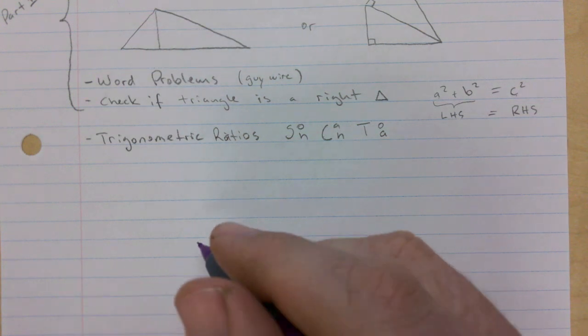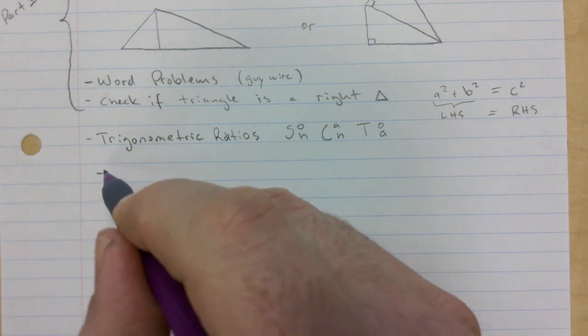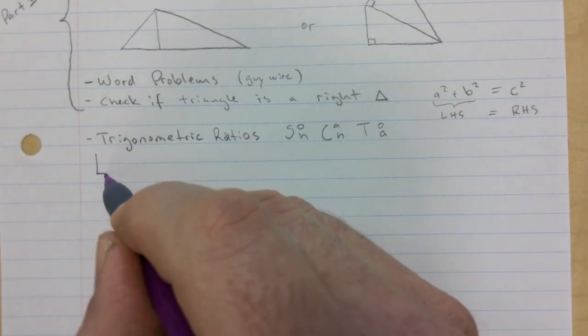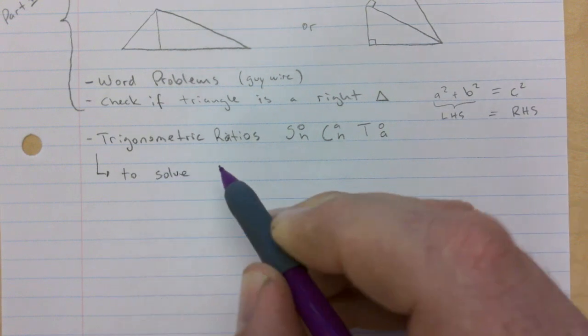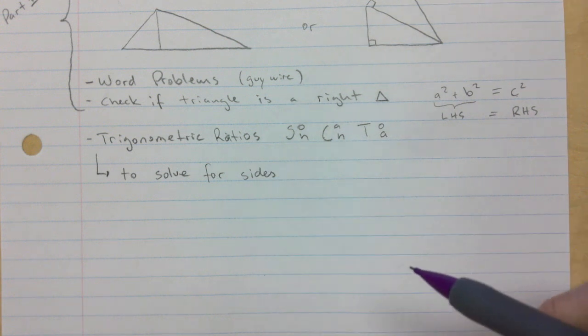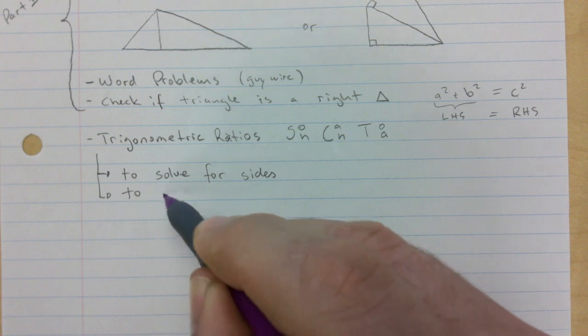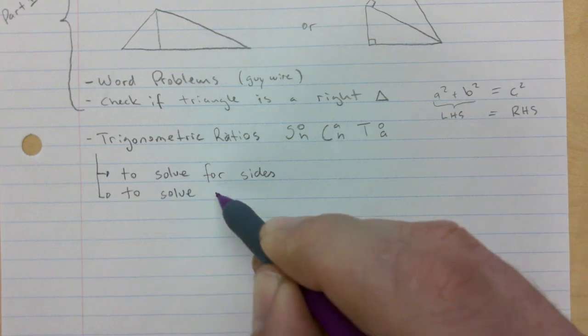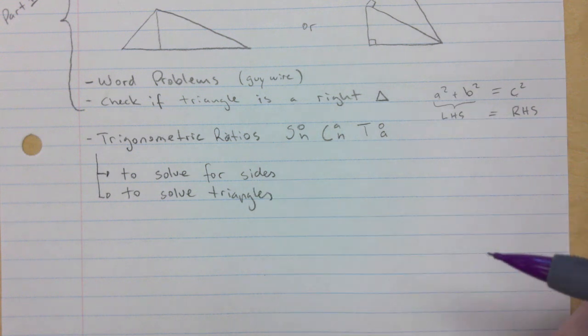We used it. So let's go arrow down like that to solve for sides. Okay. We also used it to solve triangles. And what is that?